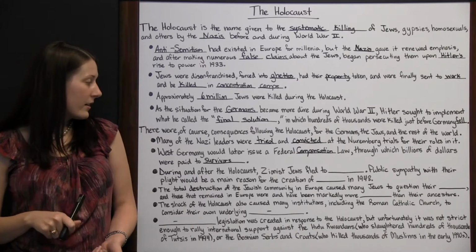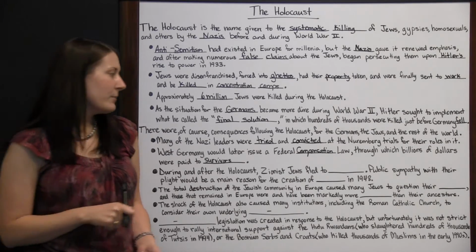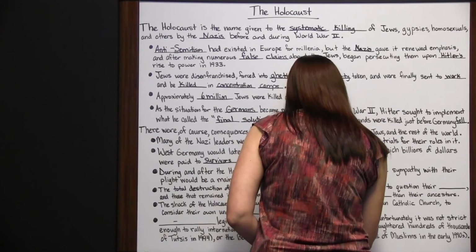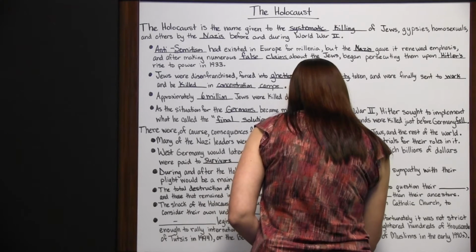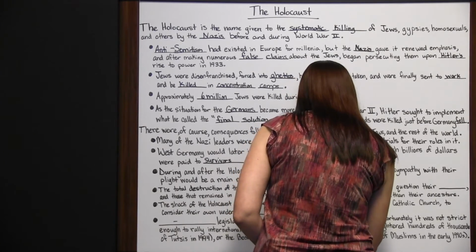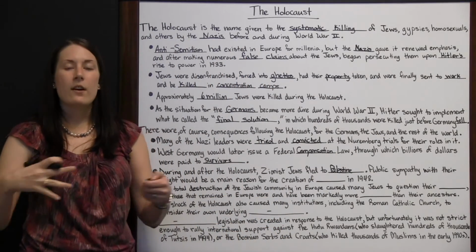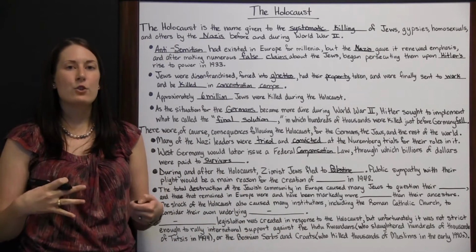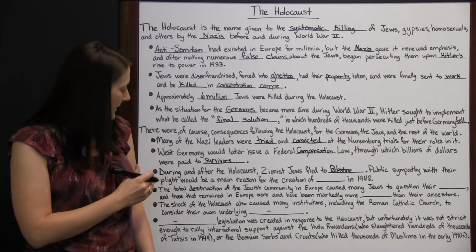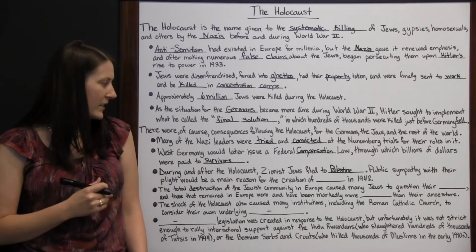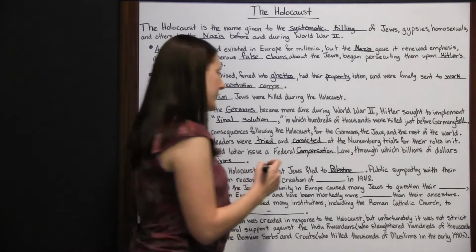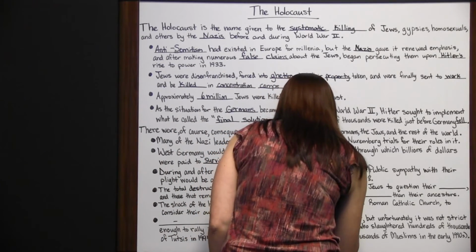During and after the Holocaust, Zionist Jews fled to Palestine. They said, okay, we'll get out of Europe, we'll go to the Holy Land that we can all flock to together and make a Jewish majority there. Public sympathy with their plight would be a main reason for the creation of Israel in 1948.